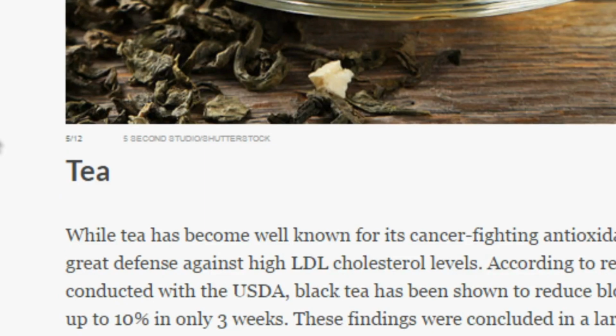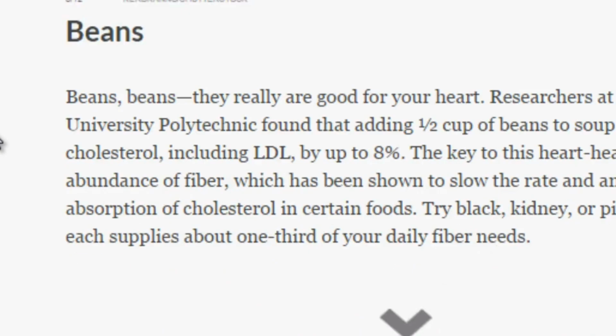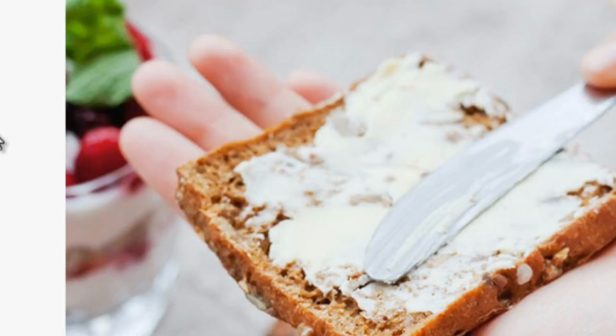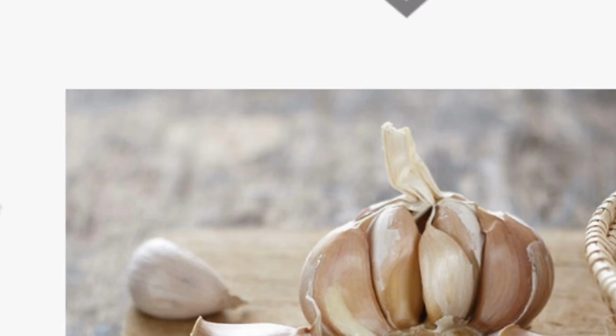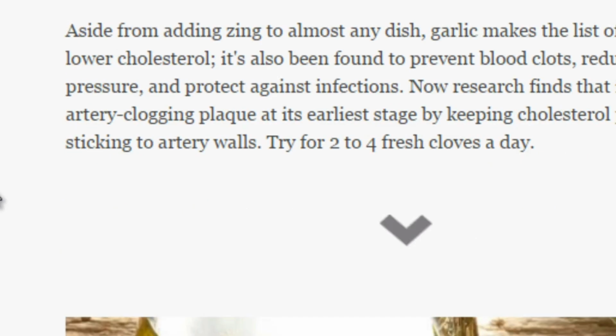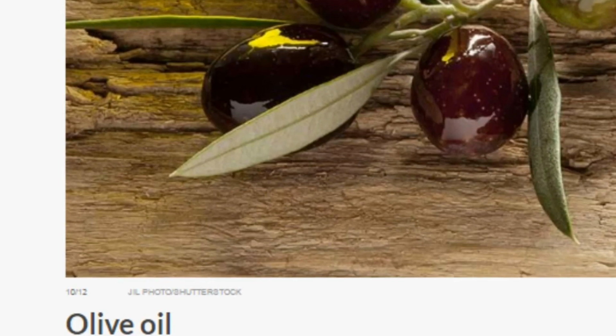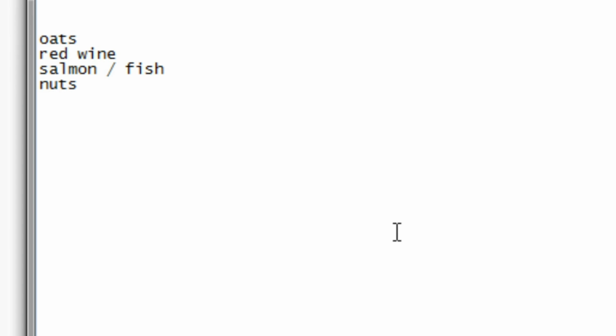So we can see teas, we have beans, we have chocolate, we have margarine, and we have garlic and olive oil. So there are actually other olive oils or types of oils that can lower cholesterol. So we can do oils, and let's just start with that.